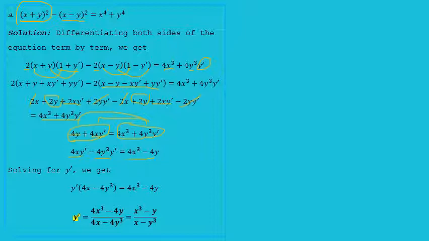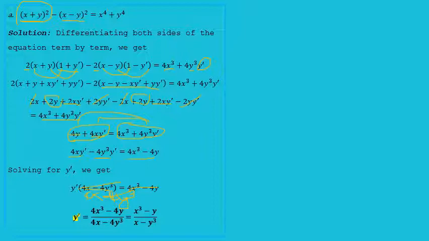So divide it both sides by 4x minus 4y cubed. So we have, di ba pag dinivide na natin to both sides by 4x minus 4y cubed, y prime na lang, di ba?